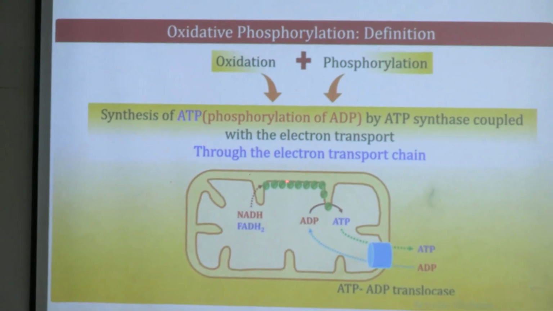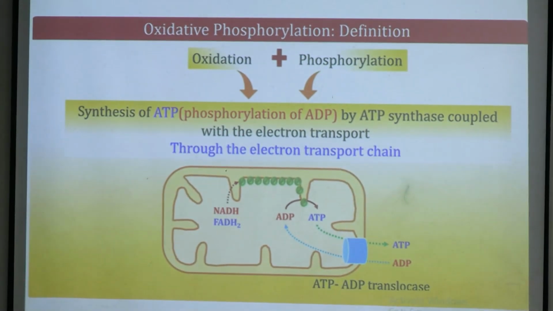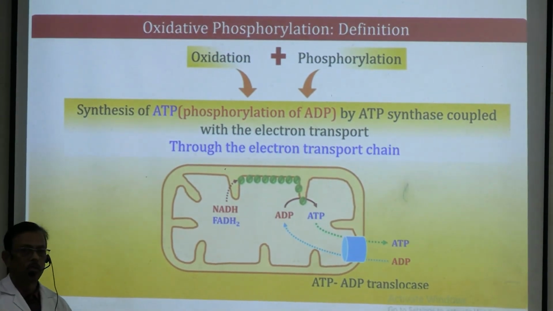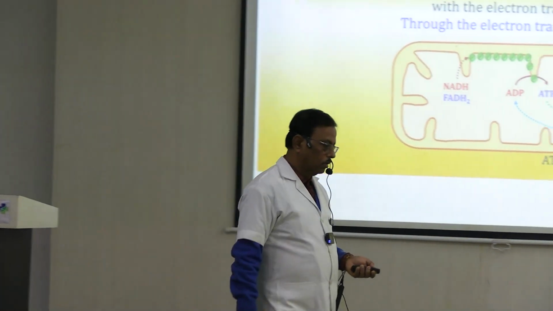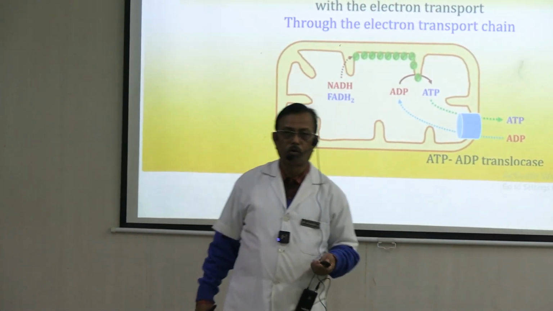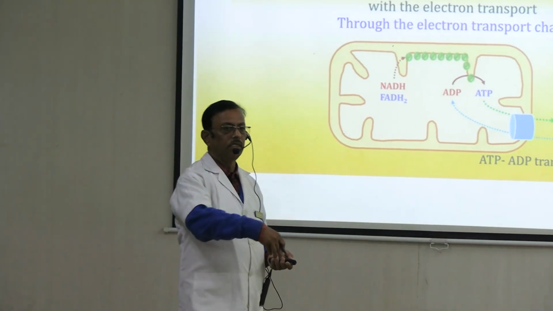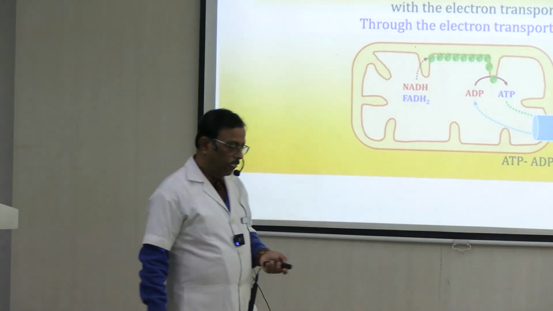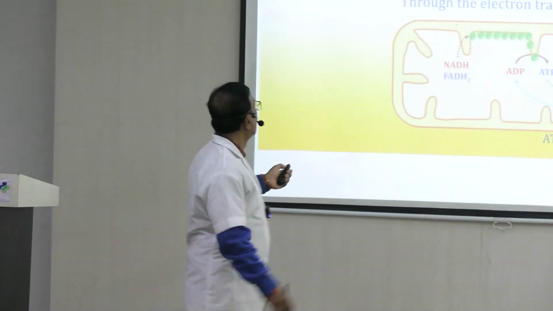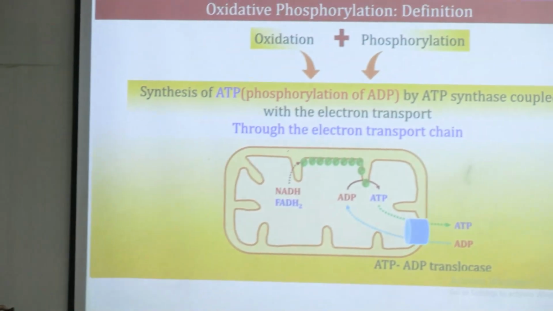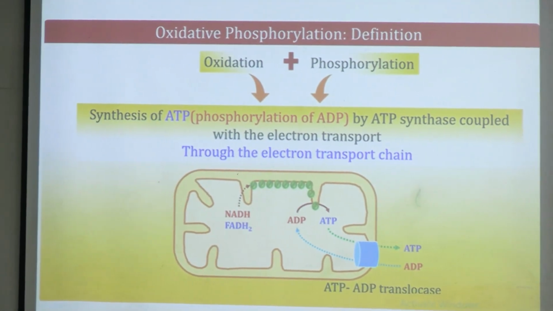So this is where it is synthesized, from the inner mitochondrial membrane. The repeated folding is called cristae, and from there it is hanging inside the mitochondrial membrane like a lollipop. Okay. Now here it is synthesized.